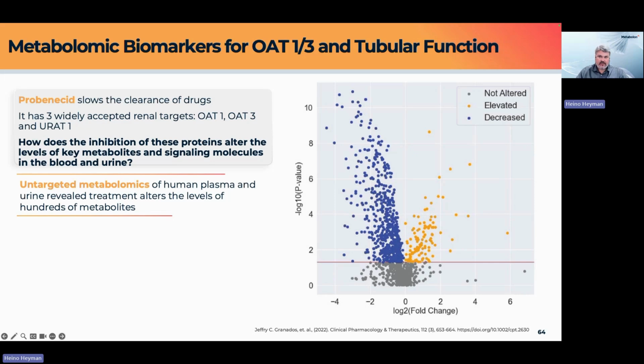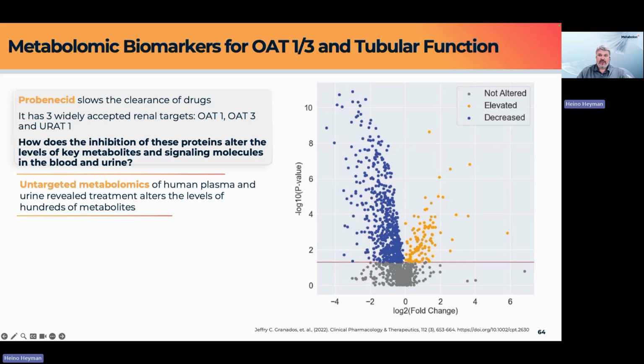The study design looked at 20 healthy participants, 14 women and 6 men, who provided both blood and urine samples at baseline and 5 hours after the administration of 1 gram of probenecid.